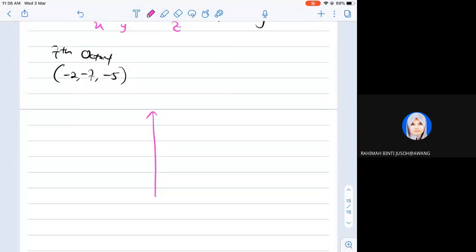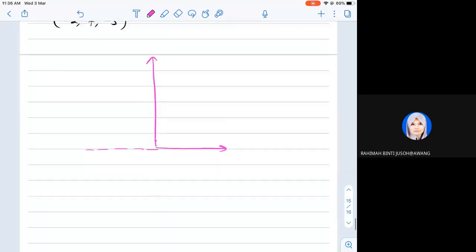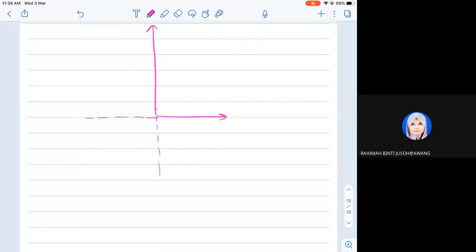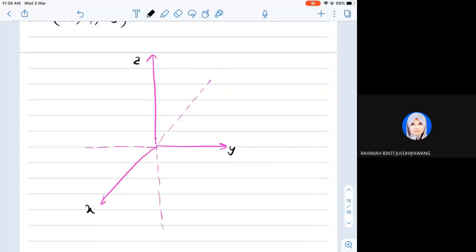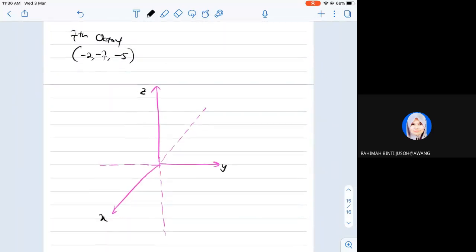Mula-mula you lukis dulu part axis ni. Okay, macam ni. X, Y and Z. Okay, first step, kita start daripada origin guys. Start daripada origin.